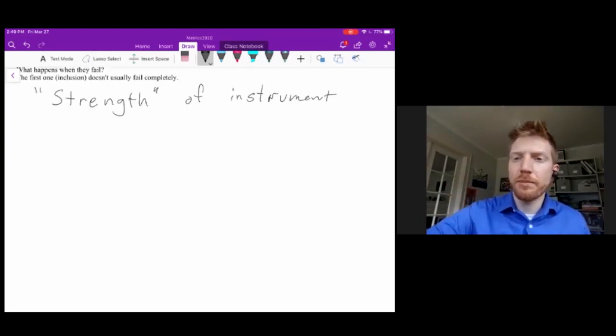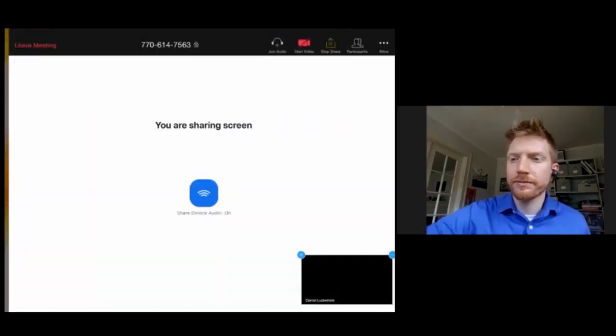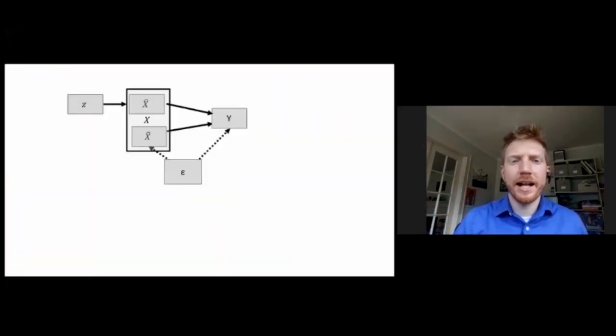Now let's go back to our diagram briefly here, where we have our Z, which is our instrument, impacting our X variable and separating it out into two components.